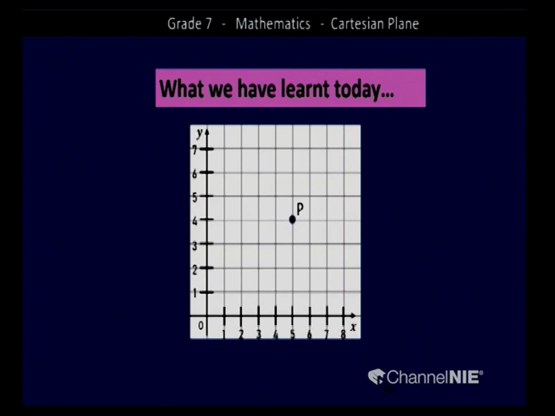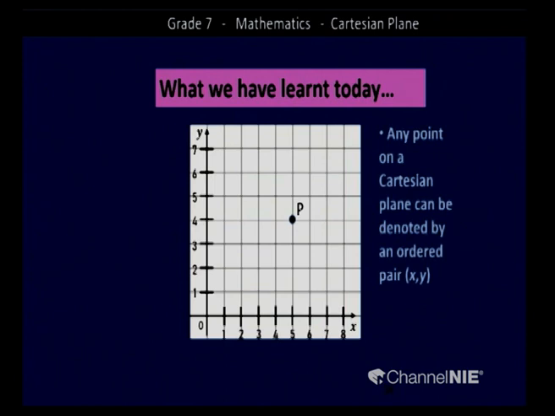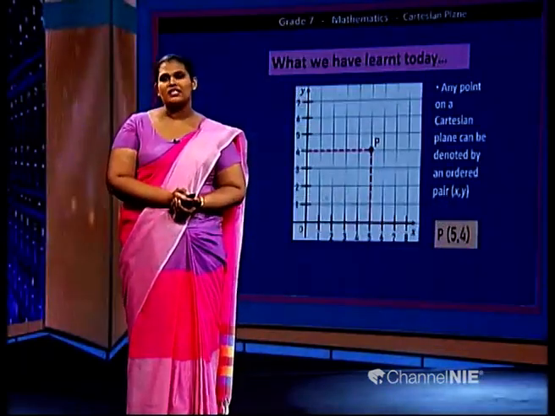For example, here I have got point P. We have drawn the x coordinate by drawing a perpendicular from the given point to the x axis. Here I can get the x coordinate. Then I have drawn a perpendicular from the given point to the y axis to get the y coordinate. Therefore, the x coordinate is 5 and the y coordinate is 4. Therefore, we can write the coordinates of the point as 5, 4.